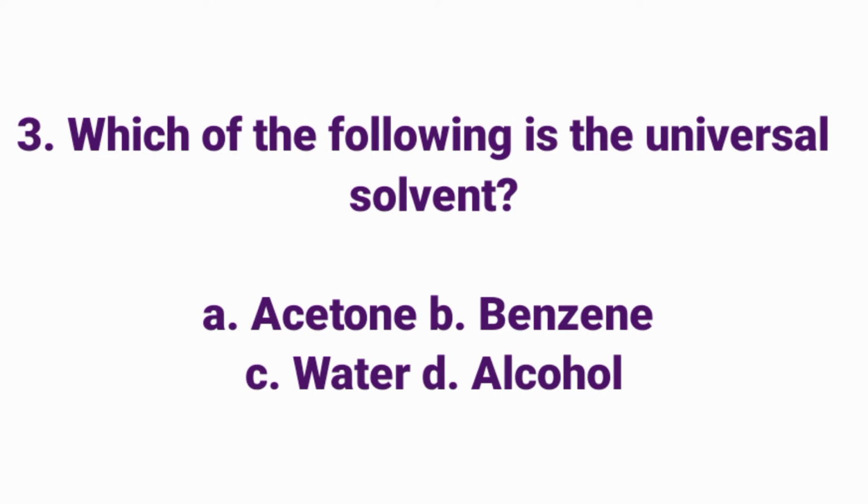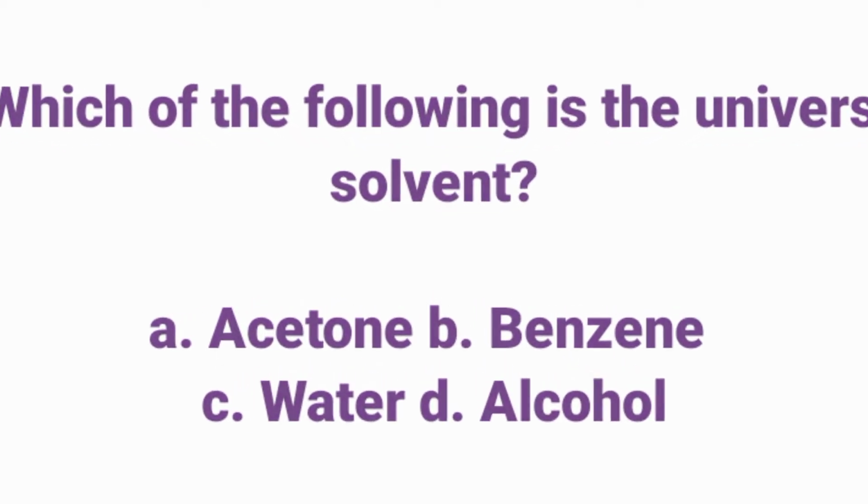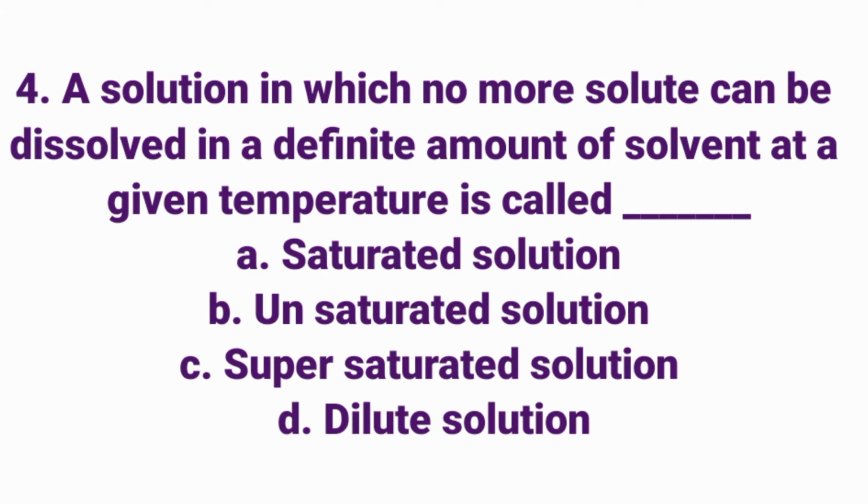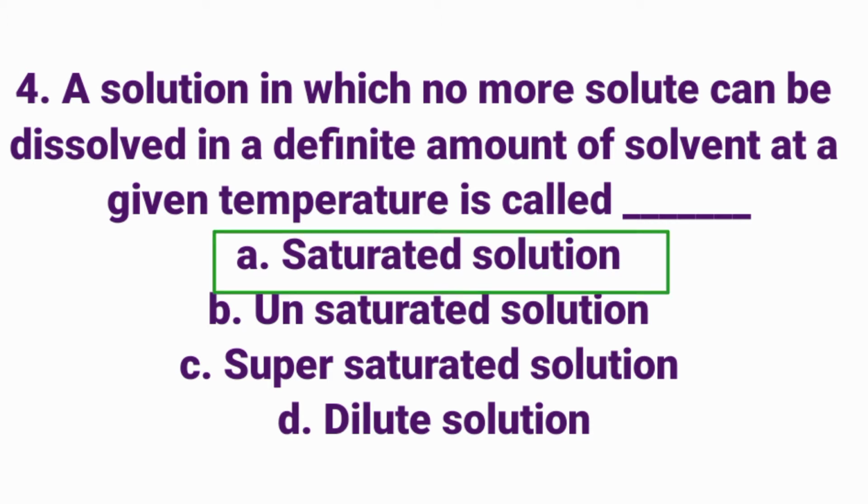Which of the following is the universal solvent? Answer option C, water. Water is the universal solvent. A solution in which no more solid can be dissolved in a definite amount of solvent at a given temperature is called, answer option A, saturated solution.